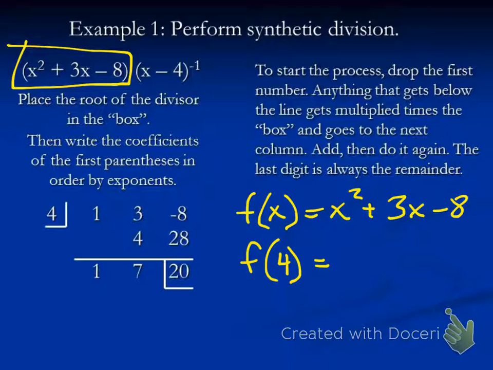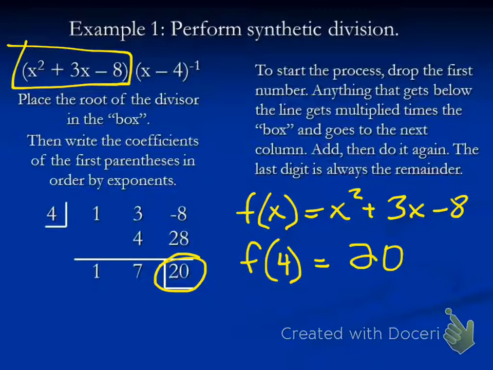And I can tell you, because of this synthetic division process, that f of 4 is 20. If you plug 4 into that, 4 squared plus 3 times 4 minus 8, you get 20, but it's always going to be the remainder of what you would use for synthetic division.